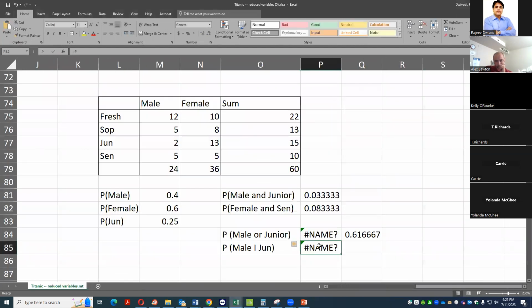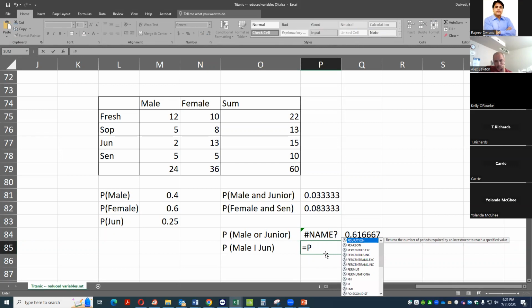So probability of male given junior is probability of male and junior divided by probability of junior. The part after the condition goes in the denominator, and what is common between the two goes in the numerator. Okay, so this is the formula.